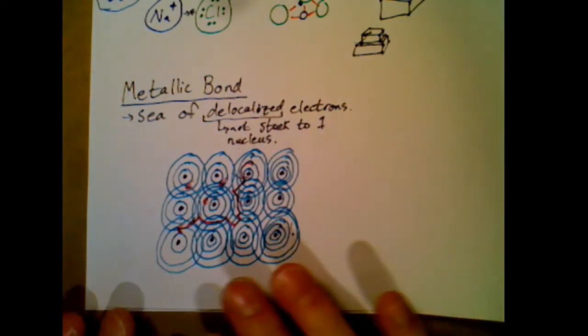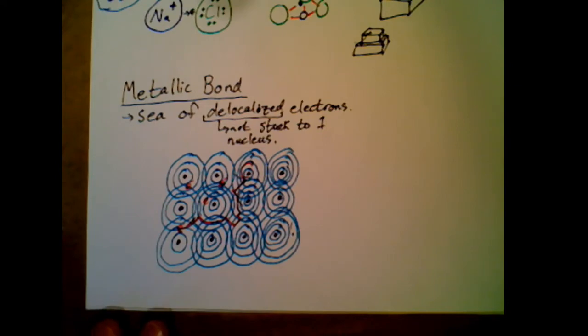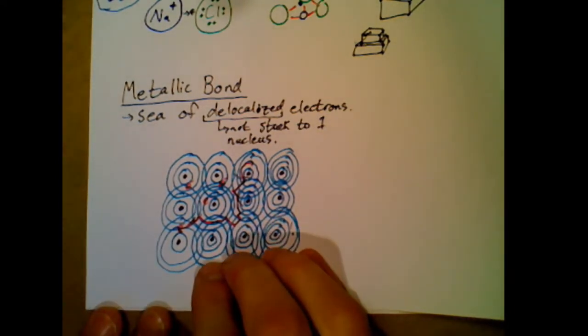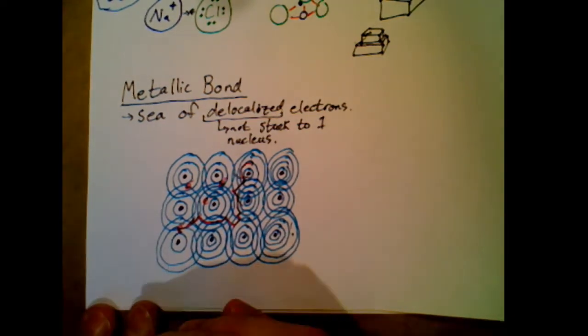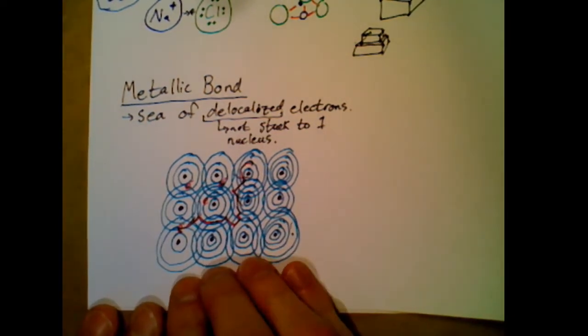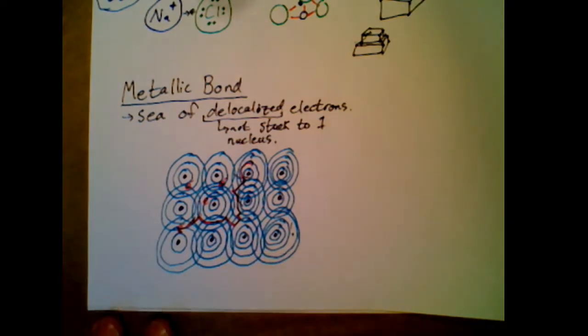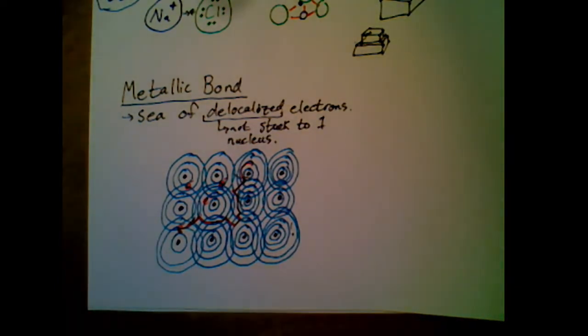And you get this big flow of vibration through a metal. And that's why metals can conduct heat. That's really handy if you're like cooking and you need a pan. That's why your pans are made out of metal, because they conduct heat so incredibly well.